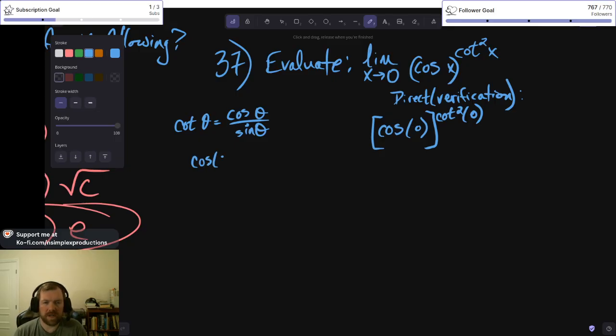And cosine at 0 is going to be 1. So this is going to go to 1 as, right, 0 over 0.